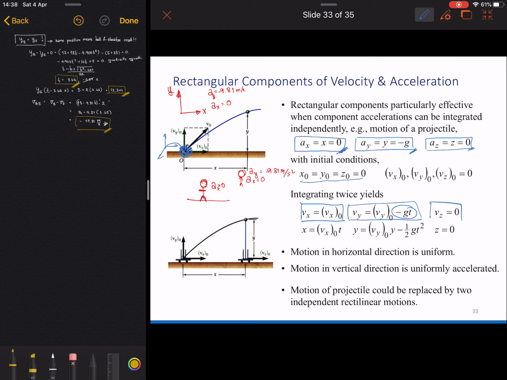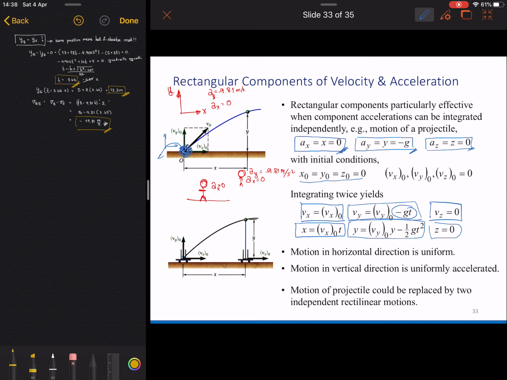And for vz, I said that this is 2D motion, just let it be 0. Z is also 0 because we are in 2D. And also here is the displacement from the x and y axis.